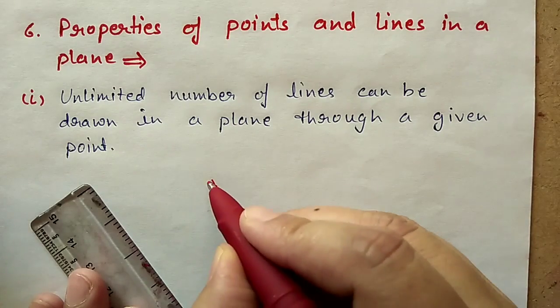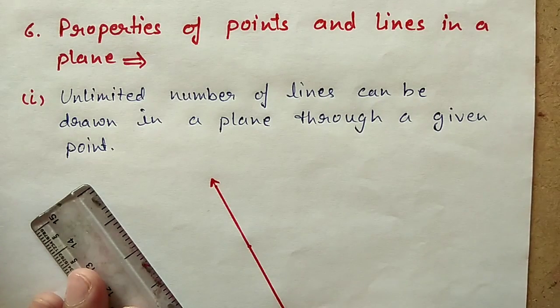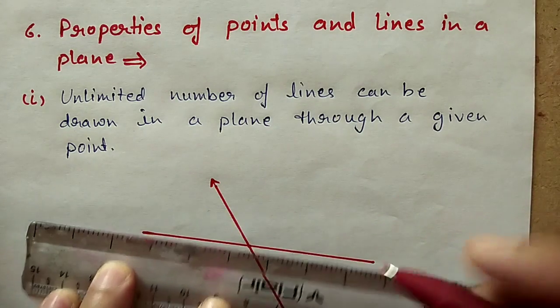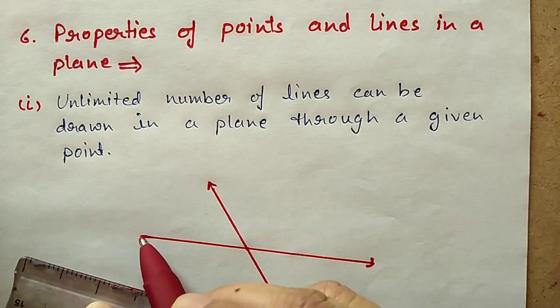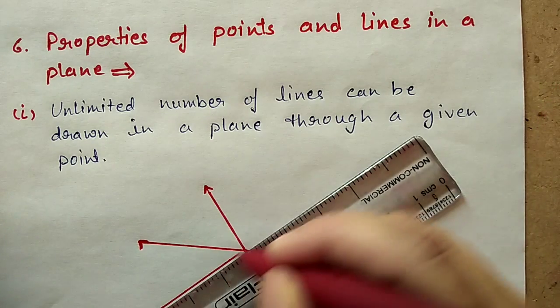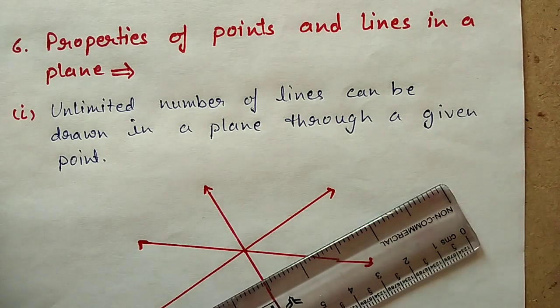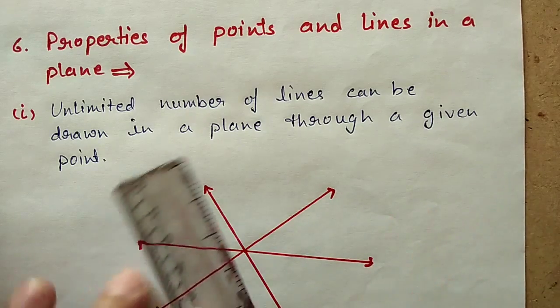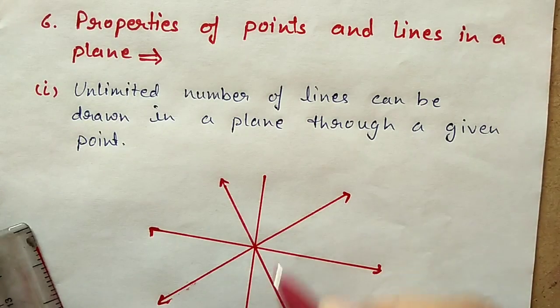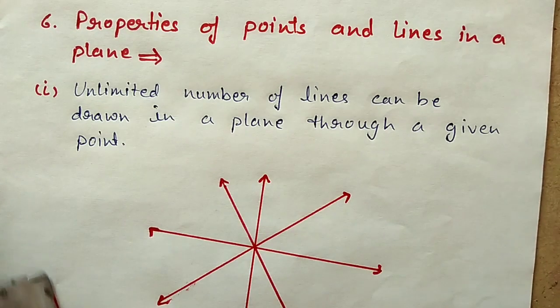See, one line. Then I can draw one more line. So you can see here we can draw an unlimited number of lines through a point in a plane.